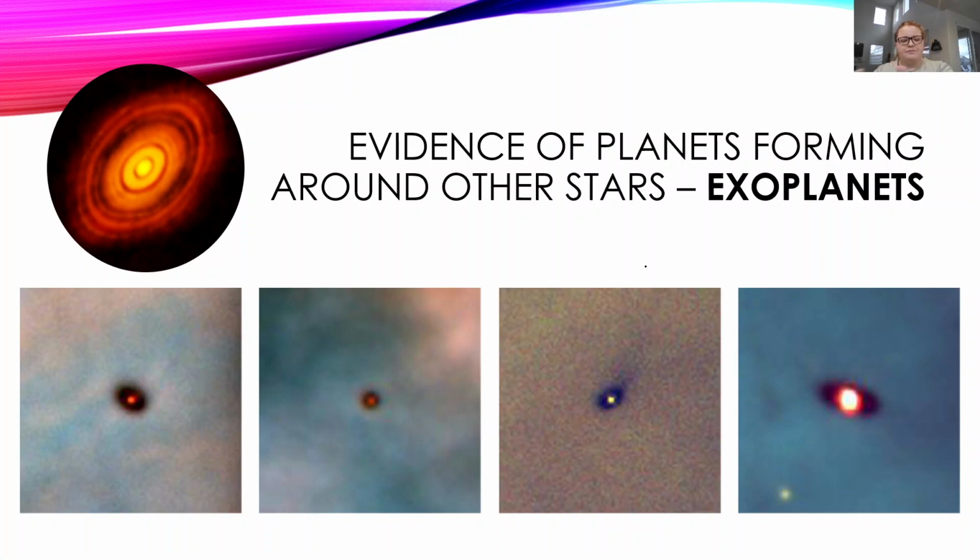This is an interesting topic to go into, and it's something I would definitely be interested in researching. This is just the evidence that we can see of these disks that are forming.